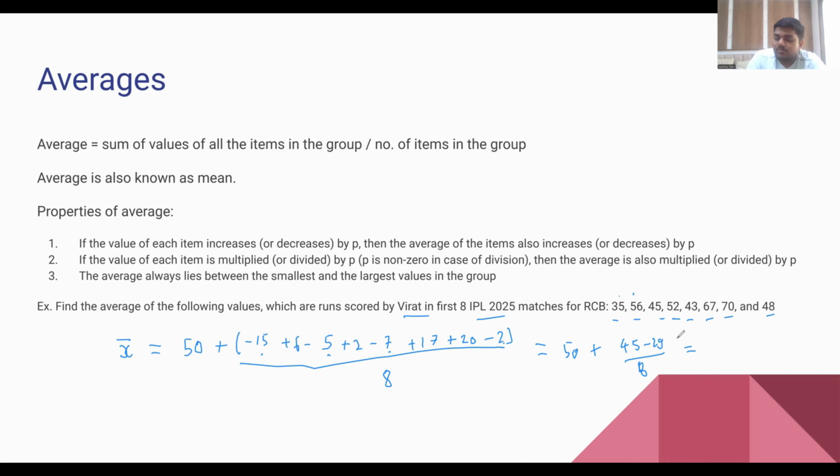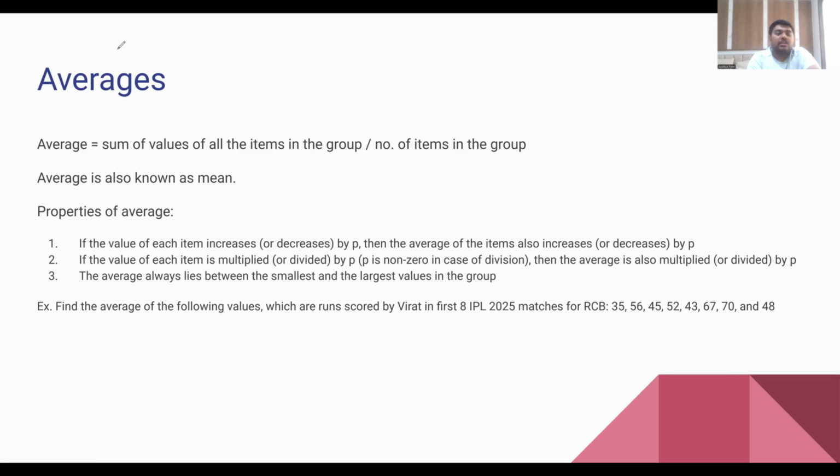Now 45 minus 29, 16. So this will result in a 2, and 50 plus 2 is equal to 52.00 you can write, because averages in the IPL scorecards are referred up to 2 decimal places. So you can write 52 or 52.00, whichever way you like. So that is pretty much for the topic of averages. Now we will solve some actual CAT questions.